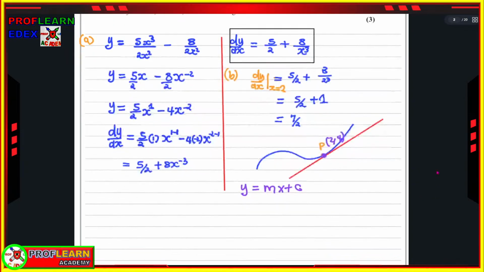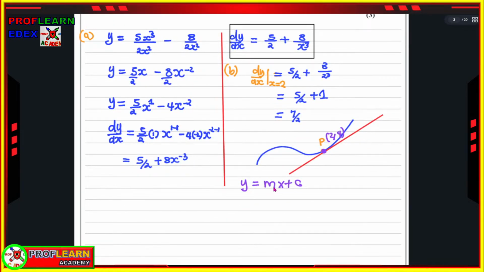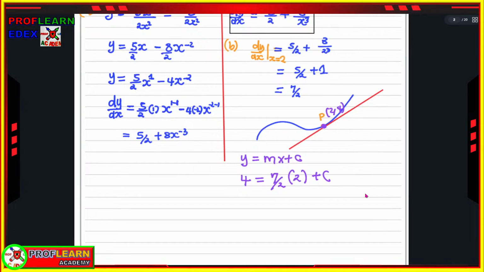If we substitute the gradient we have gotten and the value of y, which is 4, we get 4 equals 7 over 2 into bracket x value 2, plus c. So 4 equals 7 plus c, which means c is equal to minus 3.